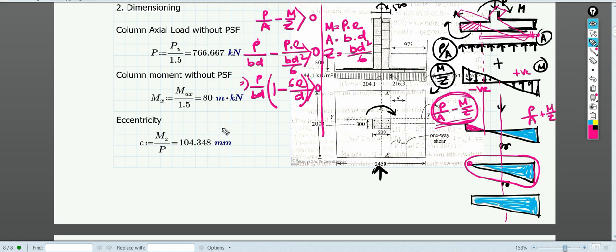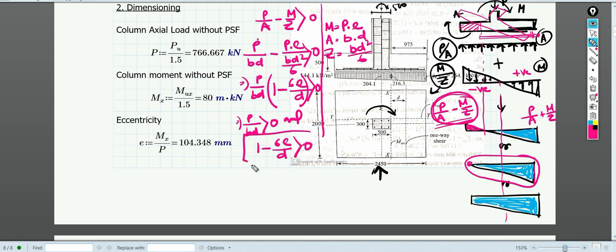So the multiplication of P by bd, whole, into 1 minus 6e by d is greater than 0. That means both of them should be greater than 0. That means P by bd should be greater than 0, and this should be 'and', 1 minus 6e by d should be greater than 0.